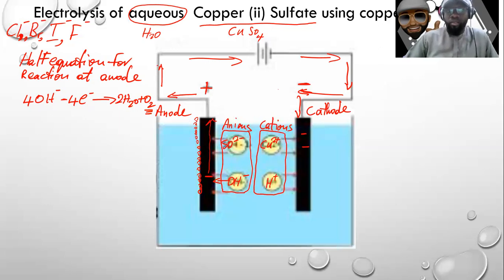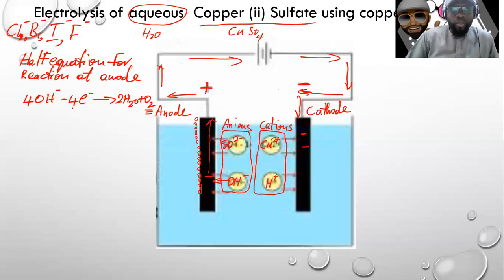To determine that this is oxygen gas, you can test by dipping a glowing splint into the test tube that contains the gas. The glowing splint should relight, and that would be proof that the gas emerging from your anode is actually oxygen. So that's the test for oxygen, and this is the half equation at the anode.